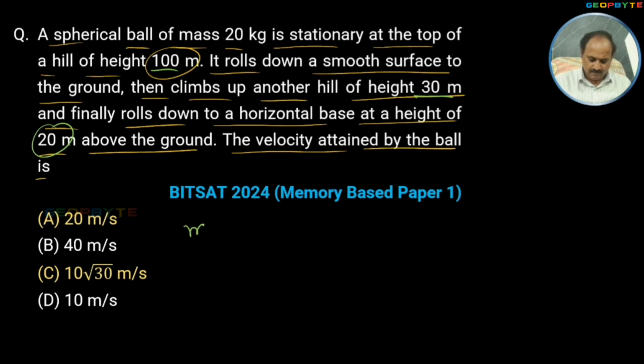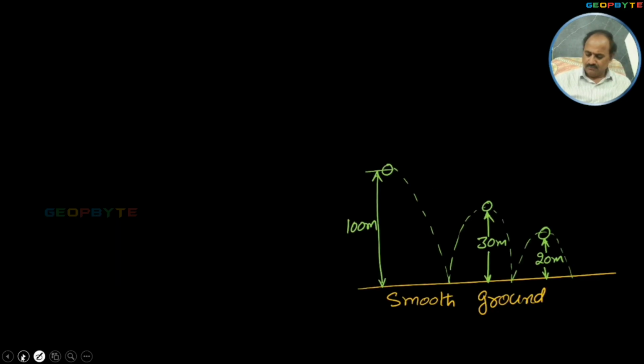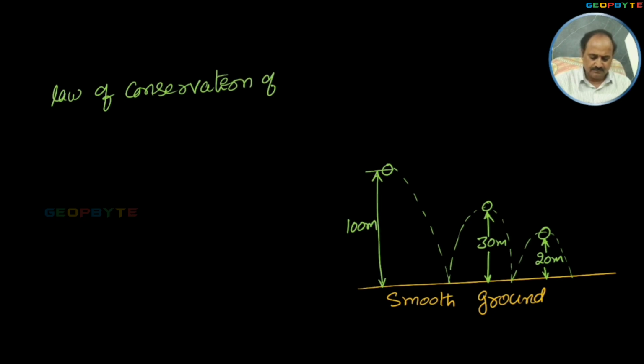The mass of the spherical ball is given as 20 kilograms. g is not given, so let us assume g equals 10 meter per second square. That is the assumption. Now, for deciding the velocity of the ball, let us apply the law of conservation of energy principle.